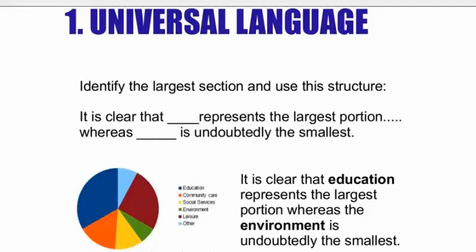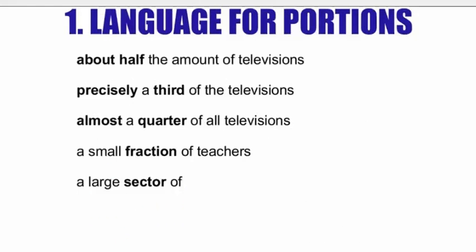Okay? Well, not every single, there may be some cases where you cannot use it, but just as a general rule, it's good to have a sentence like that. Now, some more language. We can say about half the amount of televisions were from Iraq or wherever.